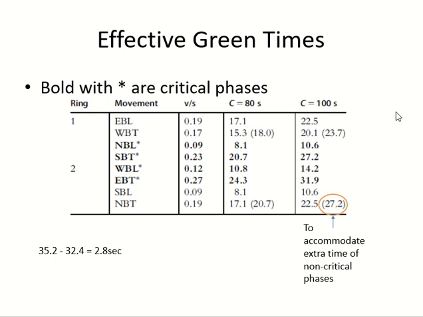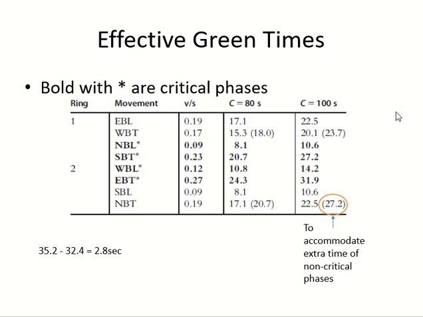I think there's a table, yes. Effective green time using the smaller cycle length, effective green time using the other cycle length. Okay, but the method is the same. Take total green time, multiply by V/C ratio, divided by total V/C ratio.